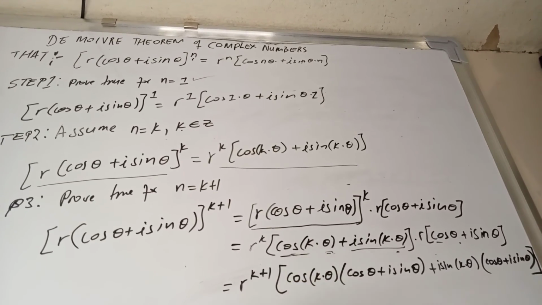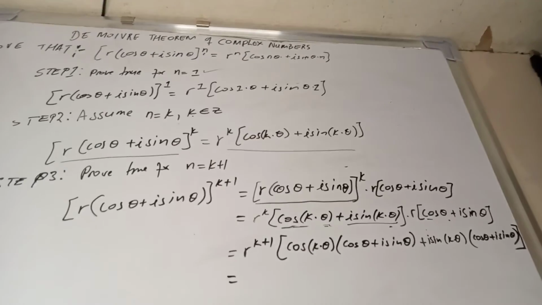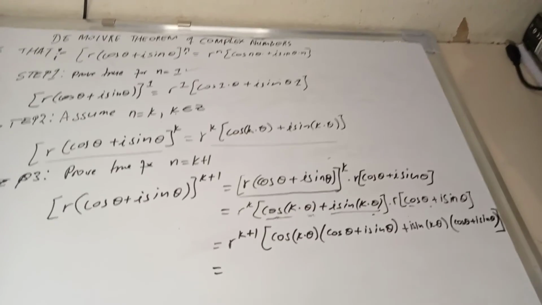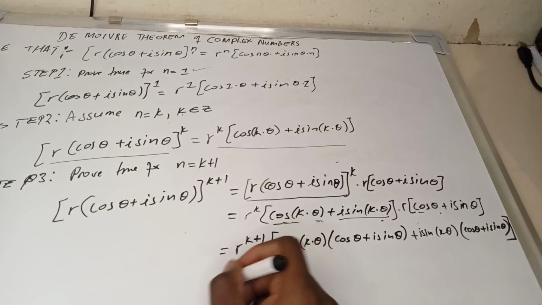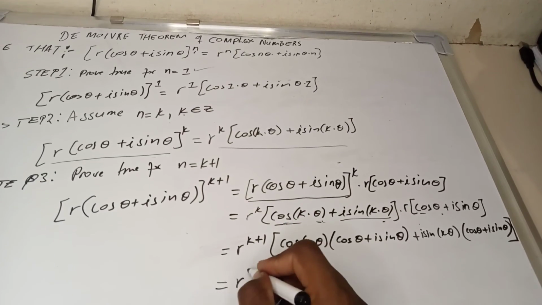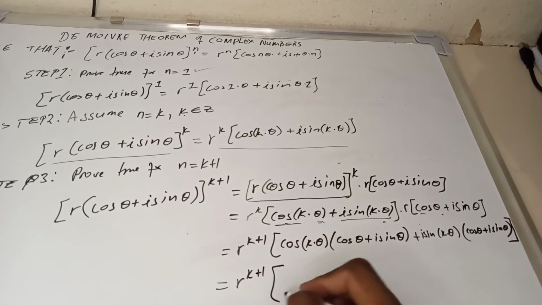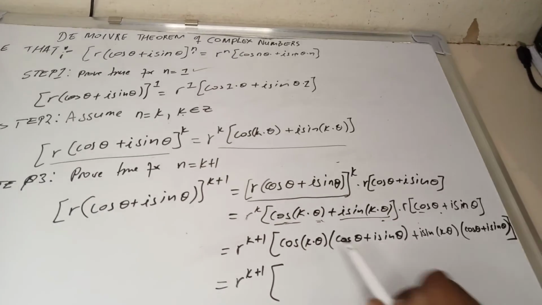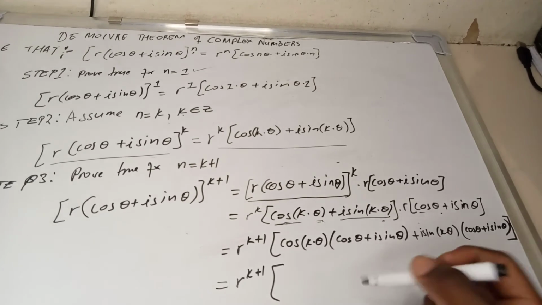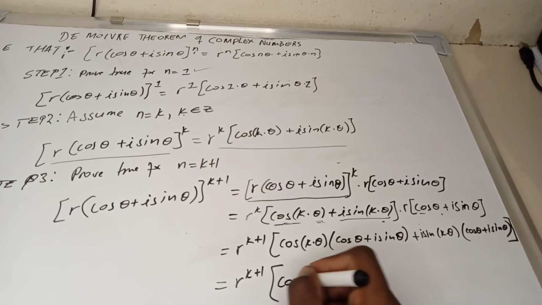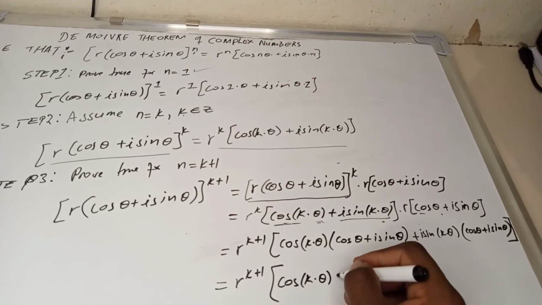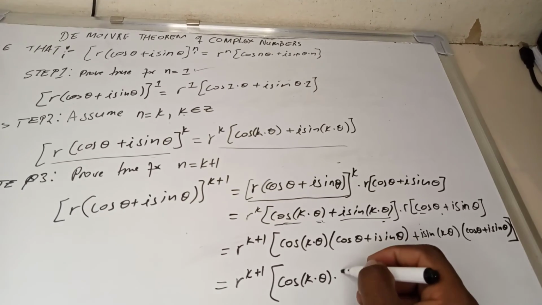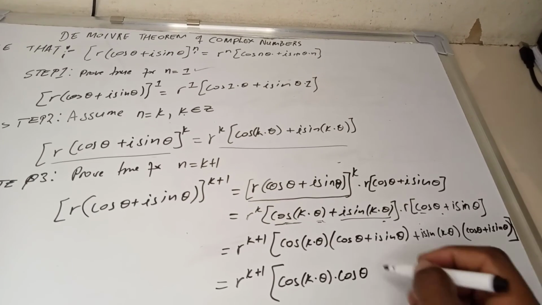So I'm not sure if you can still see this. Yeah, so now what we're going to have is r to the k plus 1. Then let's do the FOIL now. This times this is going to be cos k times theta times cos theta.